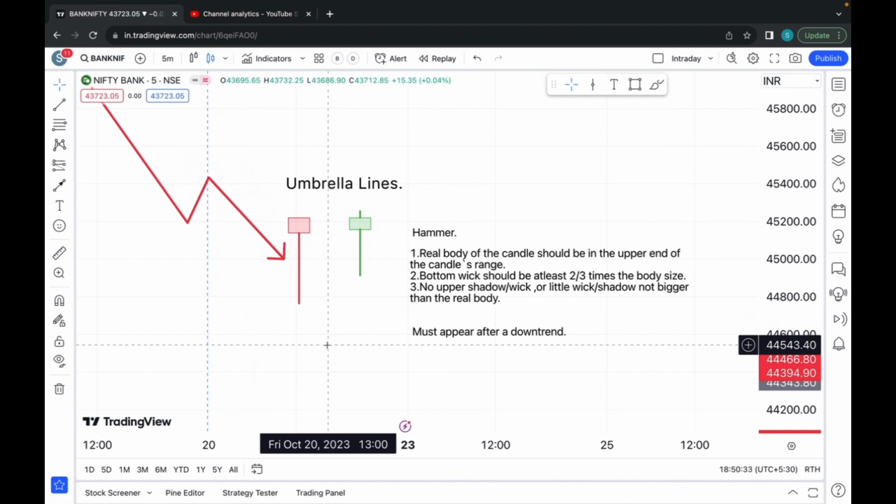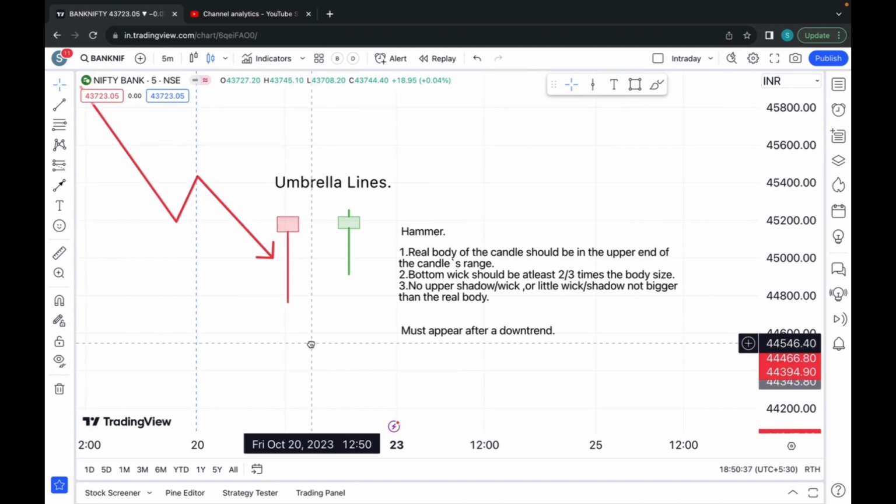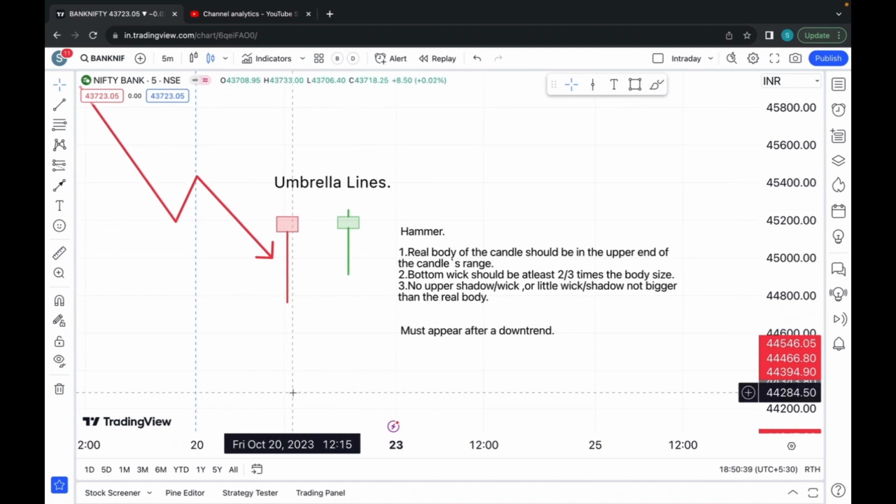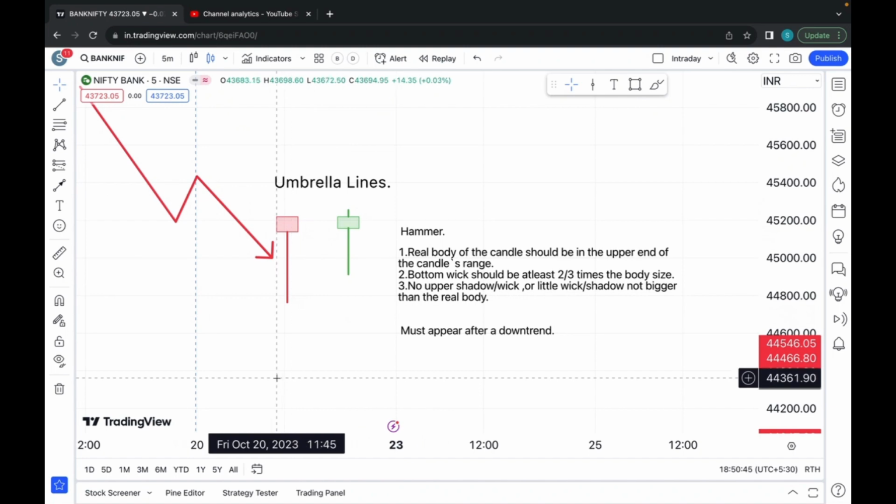No, you will notice this pattern almost every day. If you have the patience to observe this candlestick, it will appear many times in the intraday market time frame, say 5 minutes. So you can benefit from this.